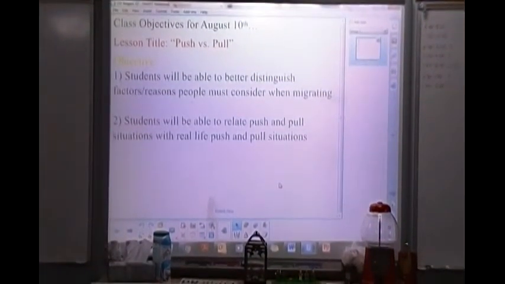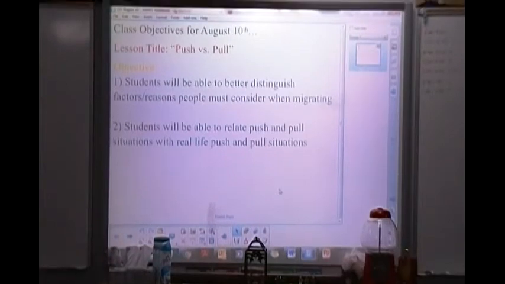Number 1. We're talking about friendships here. What factors would push you away from a friend? So think about 2 or 3 friends in your life, maybe here at school, maybe on an outside team, maybe at a church.